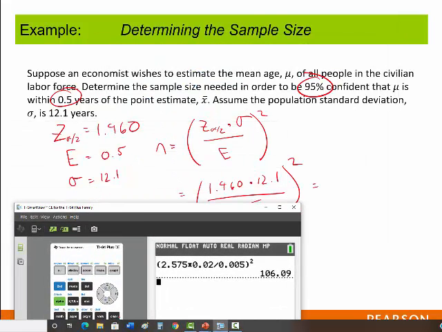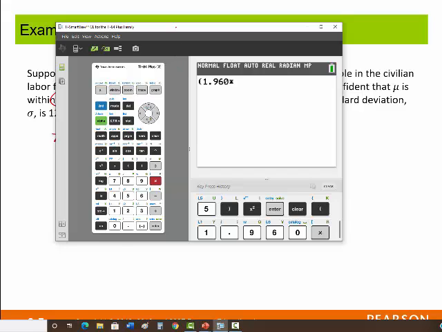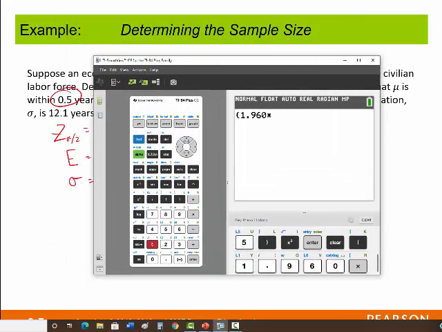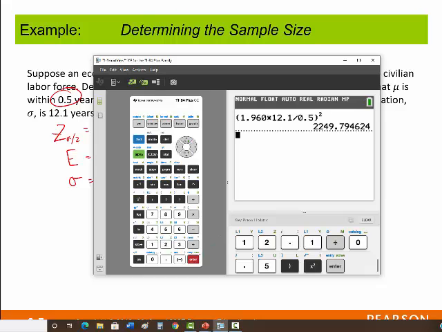In parentheses, 1.960 times the standard deviation, which is 12.1, divided by 0.5, close the parentheses, and then I want to square. You get 2249.7. So you would need to sample 2,250 when you round this up, because you always round it up.